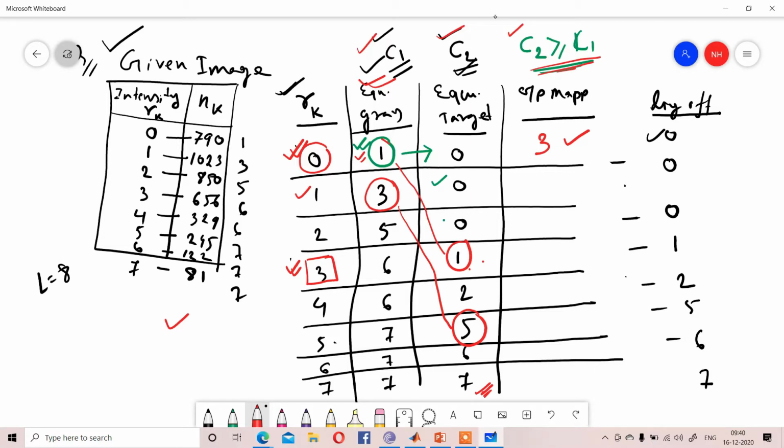For each and every value, the condition is not satisfied. Only when we compare 3 to 5 is the condition C2 greater than or equal to C1 satisfied. So for intensity level 1, the output mapping intensity level will be 5.